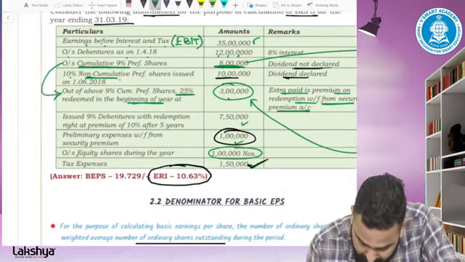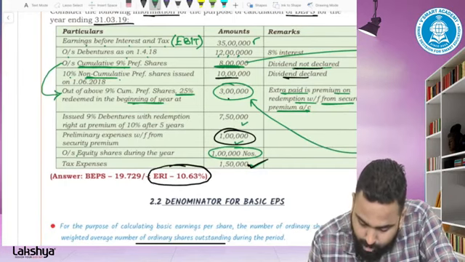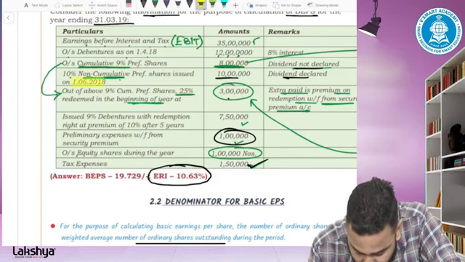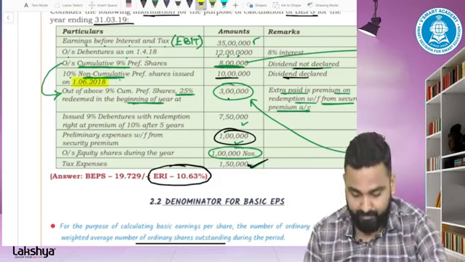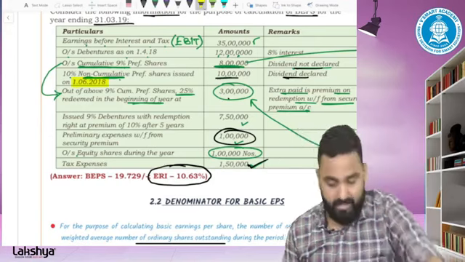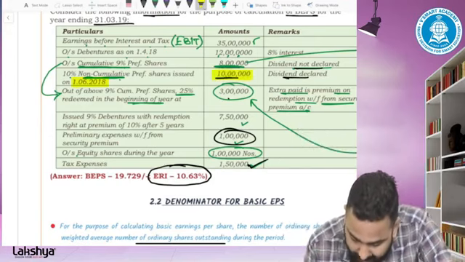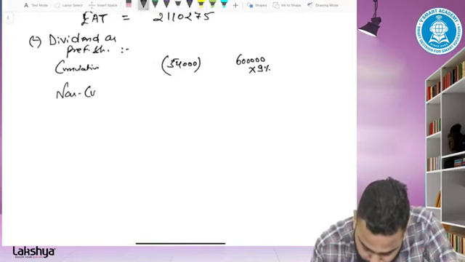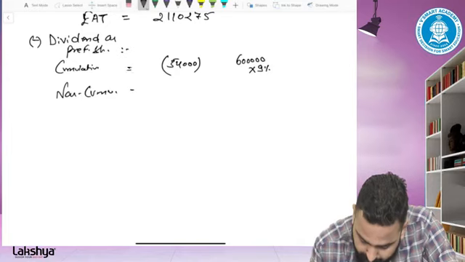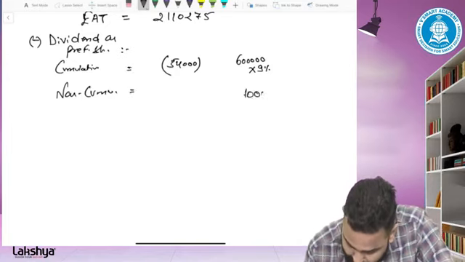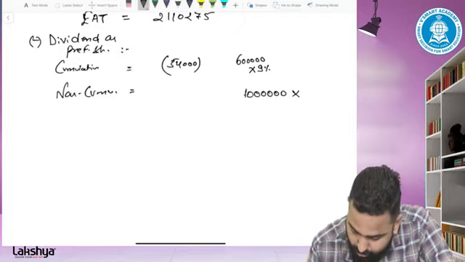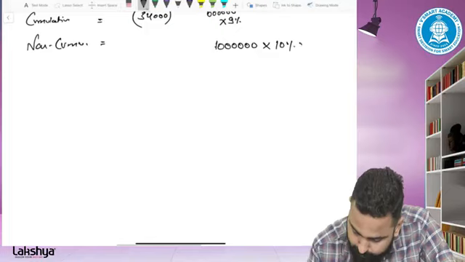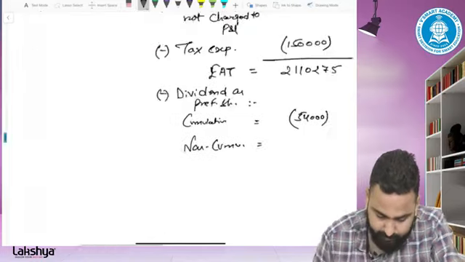Now 9% cumulative preference shares, okay, non-cumulative. They were issued on 1st of June, that means after April and May. So the proportionate dividend will be, non-cumulative, 10 lakh into 10% into 10 by 12.